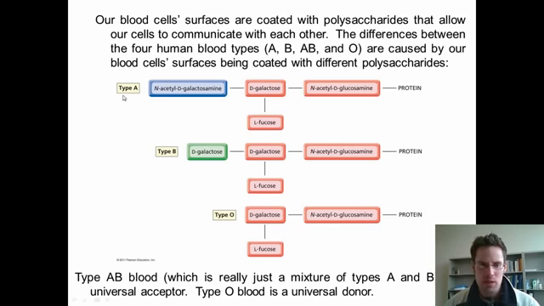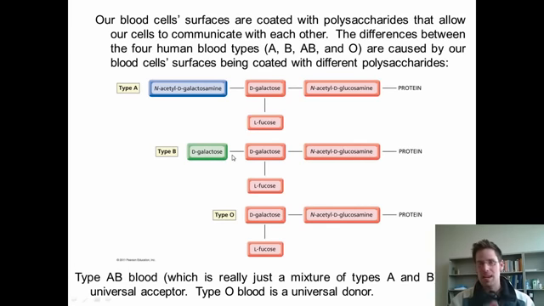So a person who has blood type A has blood cells that are coated with this particular pattern of polysaccharides: N-acetylglucosamine attached to the phospholipid membrane with D-glucose bonded to L-fucose, and then this N-acetyl D-galactosamine dangling off of it. People who have type B blood have this polysaccharide pattern coming off of their surface.